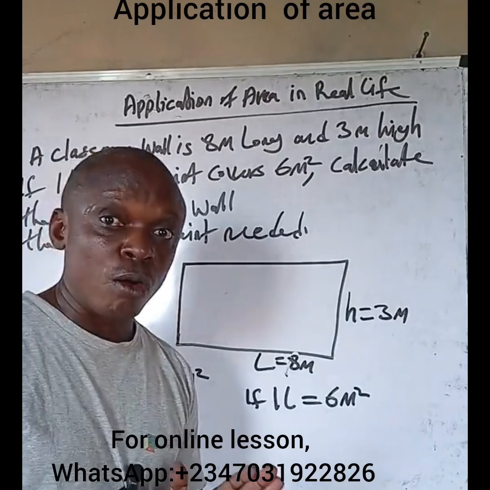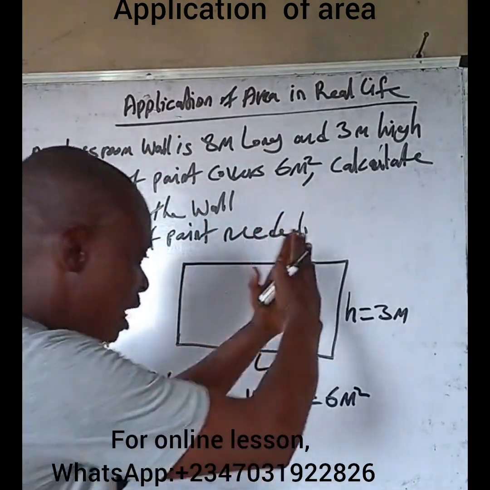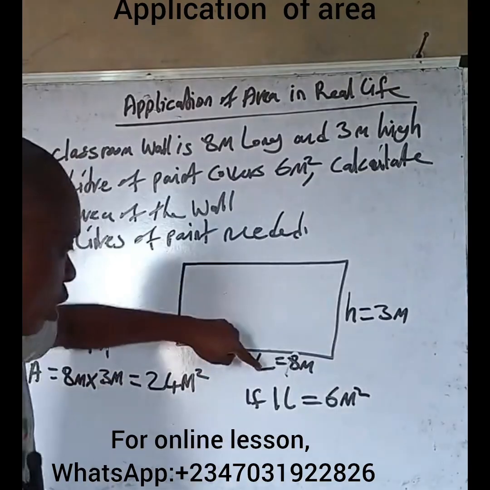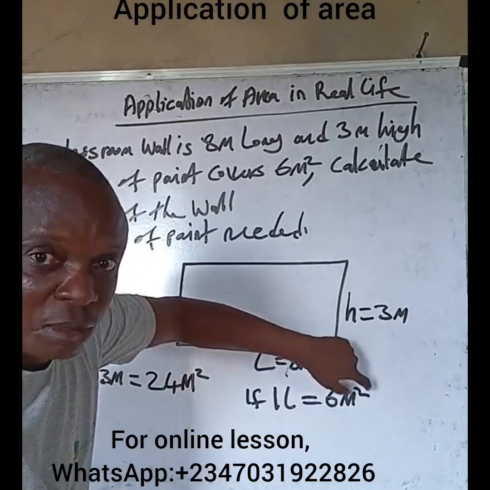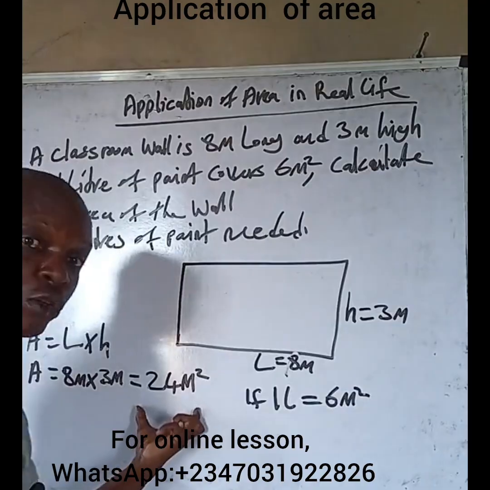In proportion or ratio, you allow the liters to be on one side, the square meters on the other side. We already know that 1 liter covers 6 square meters, but we don't know the number of liters that will cover 24 square meters.